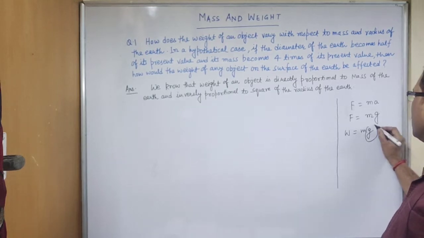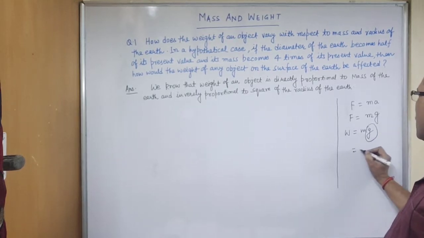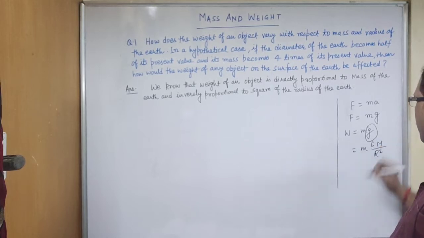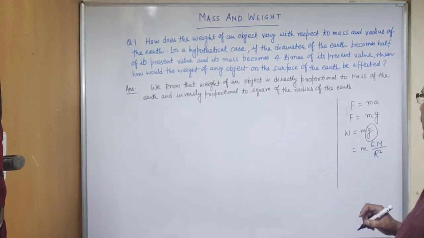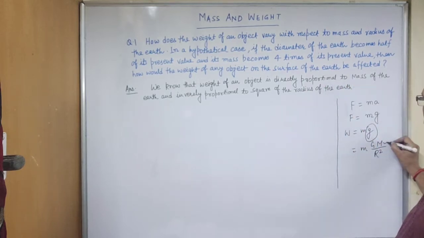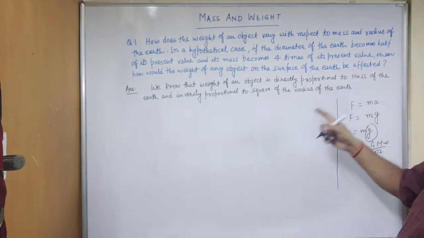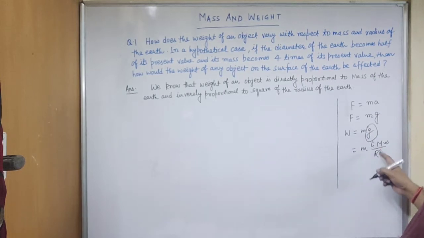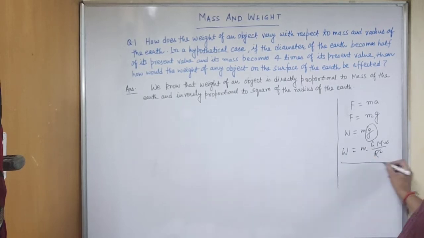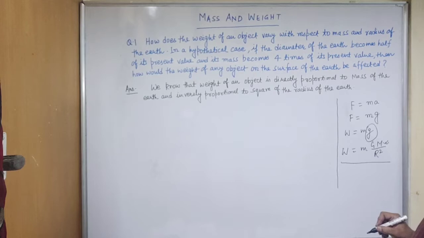And this g, as we have learned earlier, g is equal to GM by R square. That's why we have written that weight of an object is directly proportional to mass of the earth, where M is the mass of the earth, and inversely proportional to square of the radius of the earth. So we can also write that W is equal to mGM by R square.